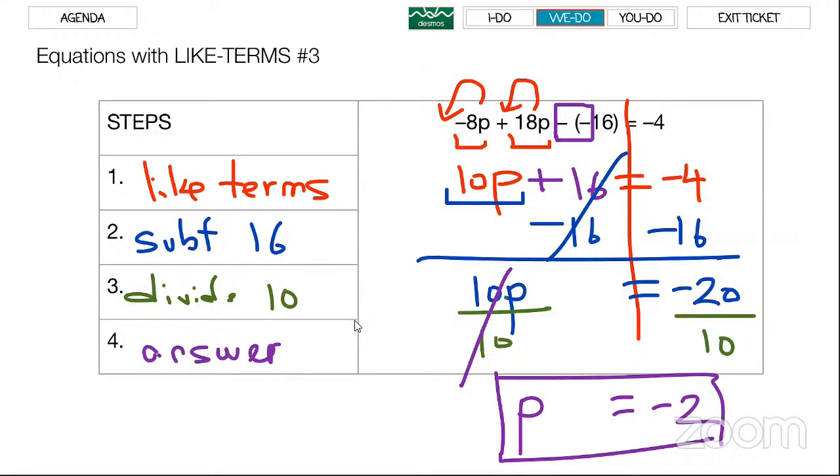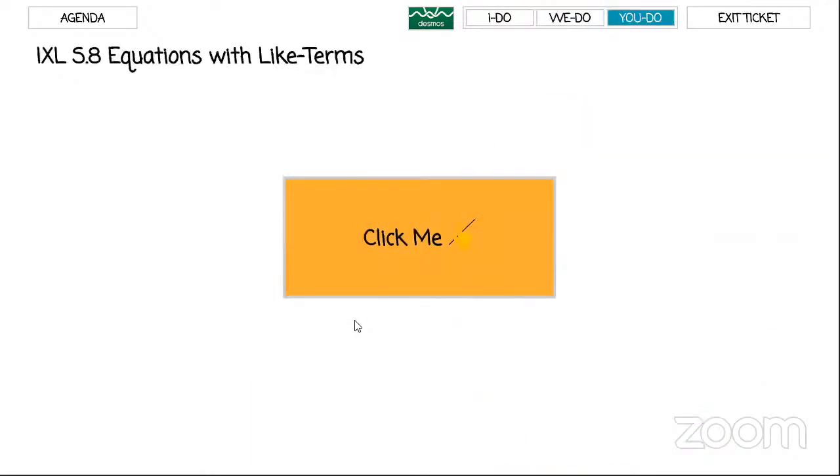Okay, so this is today's lesson. And what I will ask you now, I want you to try your best in this IXL. It's S8. We have how many minutes until 26? It looks like we have 18 minutes. So after 10 minutes, I'm gonna remind you guys there is an exit ticket.